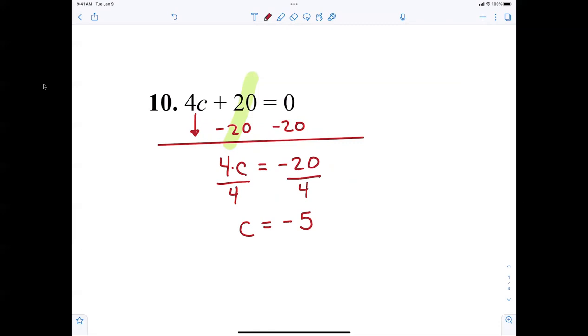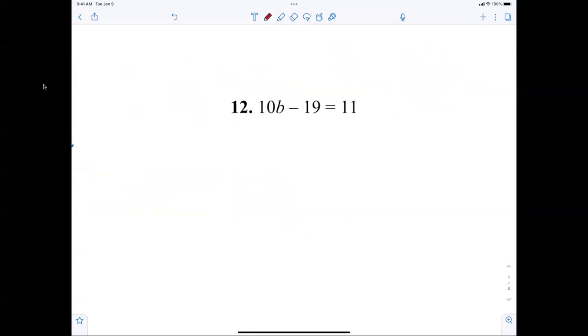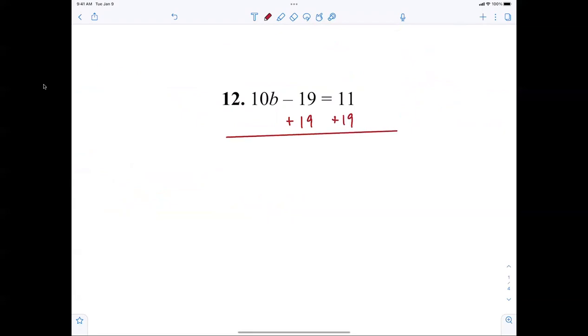Okay, Oliver, thank you for being patient. What are you having trouble with now? Okay, 12. Let's go. So you do plus 19 on both sides. Plus 19 on both sides. And then the -19 would cancel out. Yep.